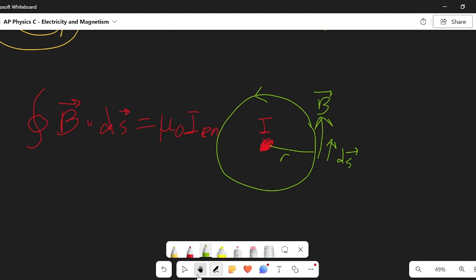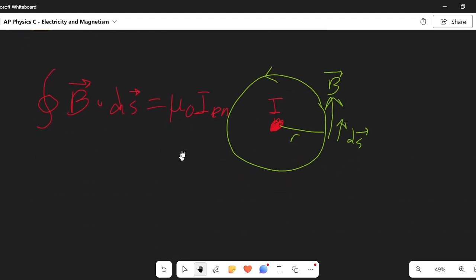If we actually solve this further, we'll notice this is the dot product, so this is going to be B ds cosine theta. Because cosine theta is 0, because they're pointing in the same direction, it's just going to be B ds.